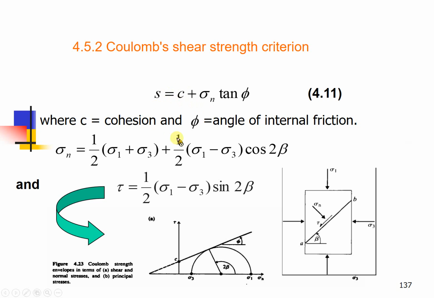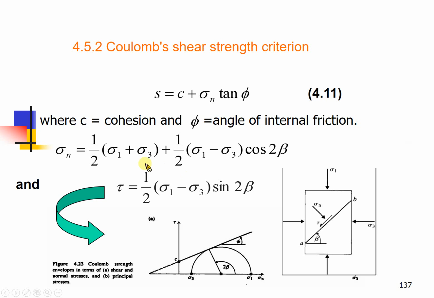We can express the sigma 1 and the sigma 3 like this. We can express the normal stress and the shear stress at a certain plane which has an inclined angle to the horizontal equal to beta. You can get this via the Mohr circle, okay, via the graphical method.